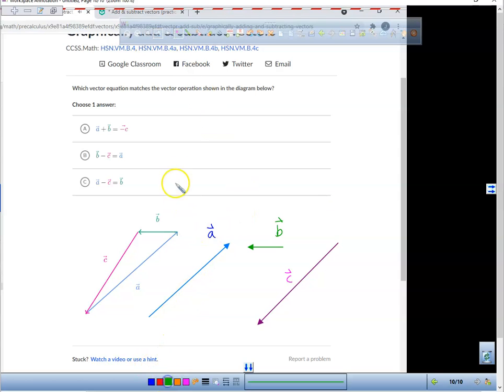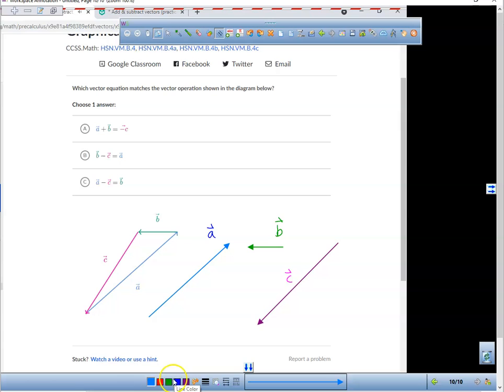Let's try that again. If B goes to the left and negative C, if that's positive C, which goes down, negative C would go up. Is that going to equal positive A, which is going up right here? It's not the same. It's not the same shape.